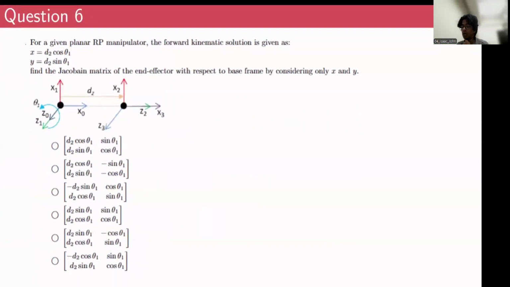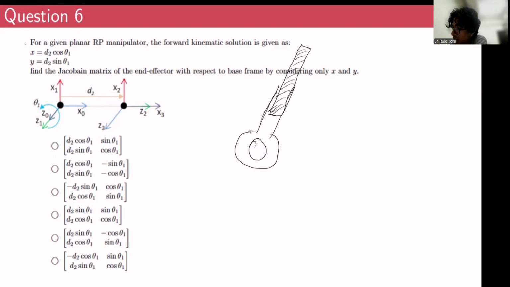Okay, now moving on to question 6. This is an RP manipulator. We have discussed what an RP manipulator is in the previous class. We have a rotary joint like this, and inside the rotary joint there is a prismatic joint.